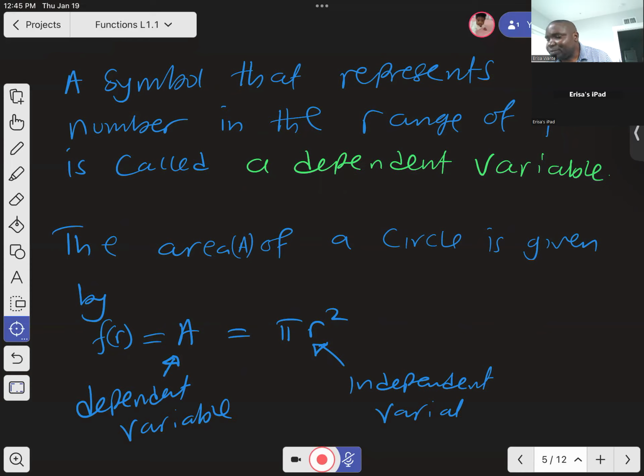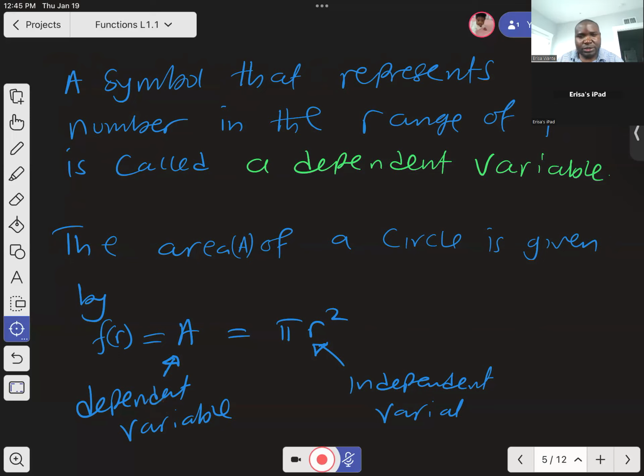Let's examine this. You have the area A of a circle, given by the formula area equals pi times the radius squared. So area depends on the value you assign to the radius. So r is the independent variable and A is the dependent variable.